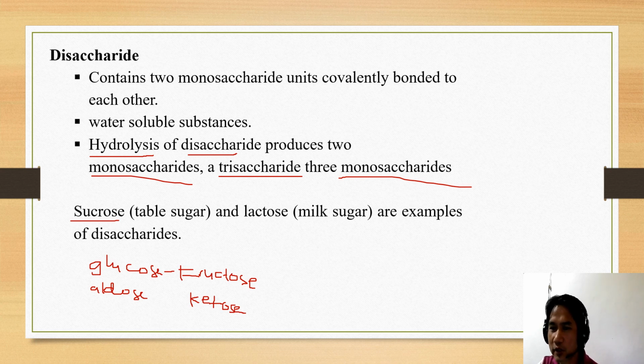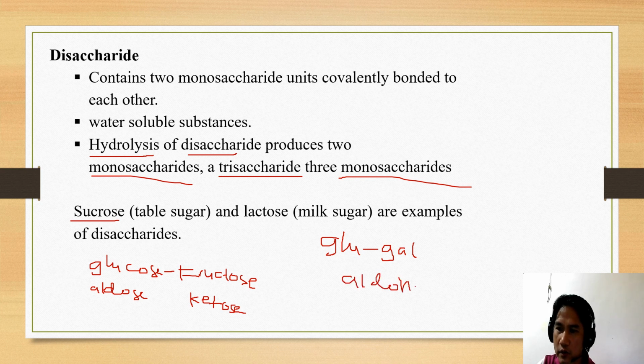Okay, lactose is another example. This is called milk sugar, but this time lactose is made up of glucose, and the other one is galactose. Glucose and galactose are both aldohexoses.